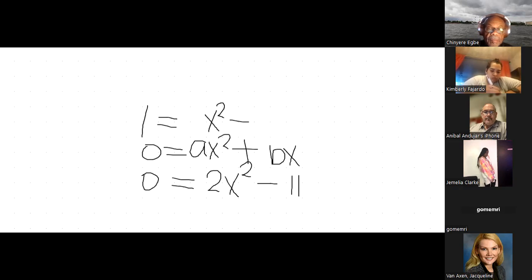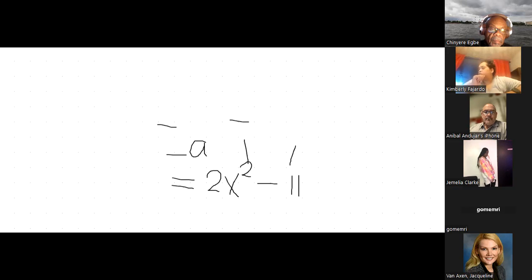You don't need it. All right. There are two ways you can solve a quadratic function. One way is by factorization, and the other way is by completing the square.